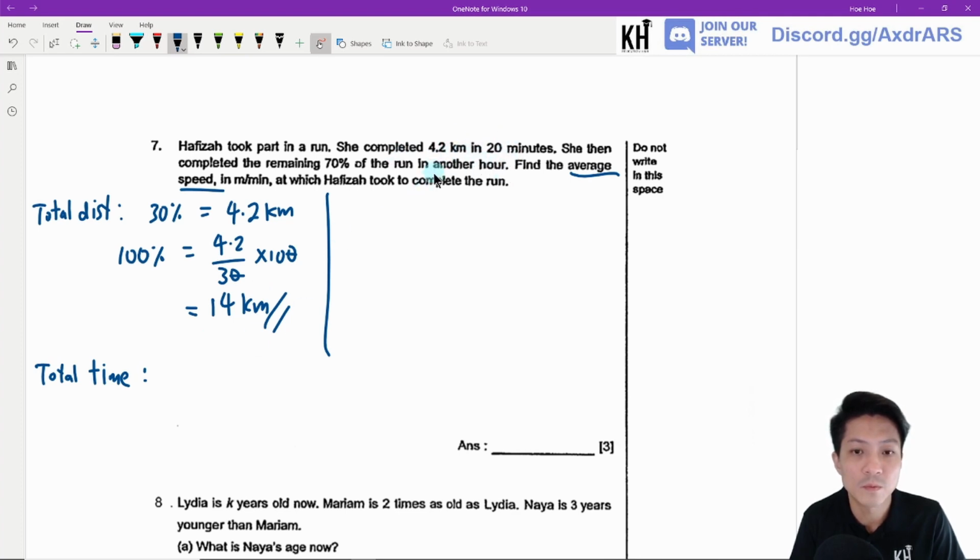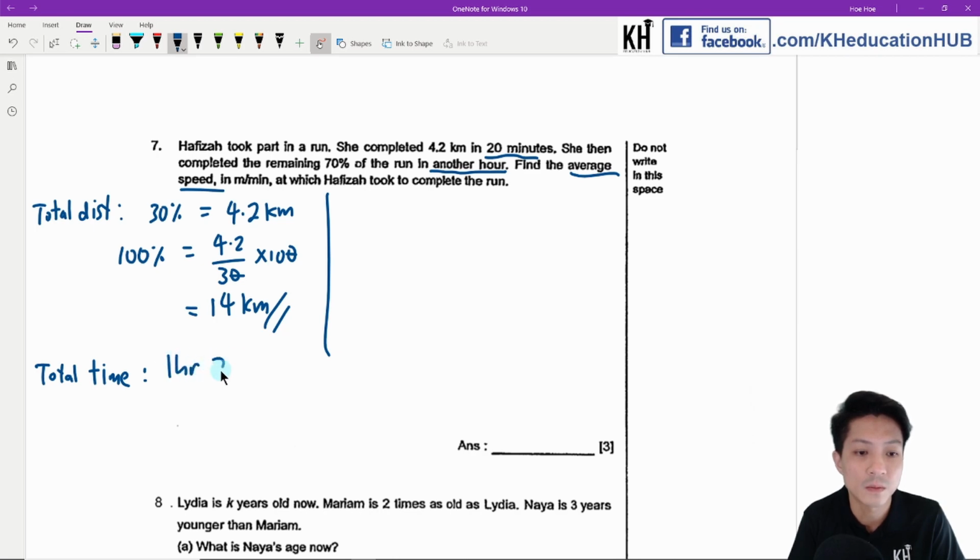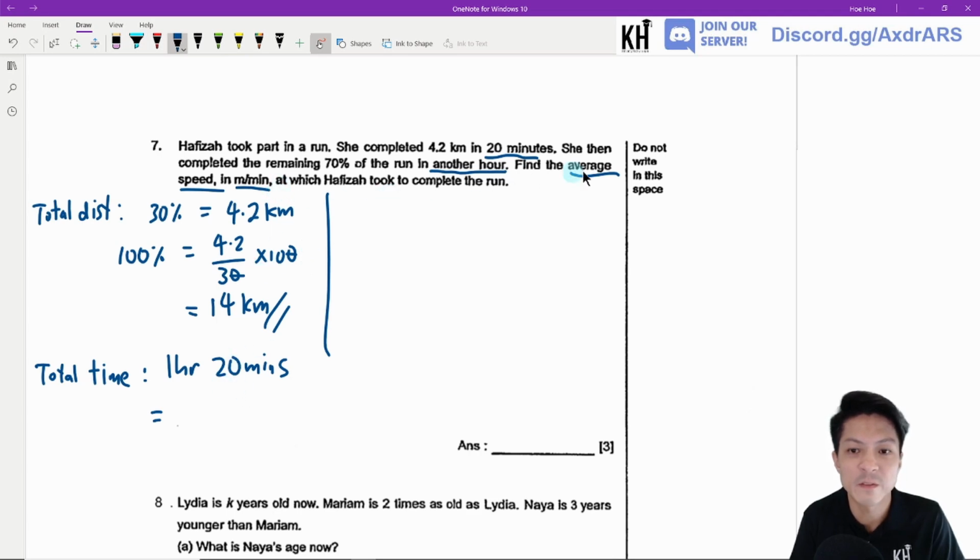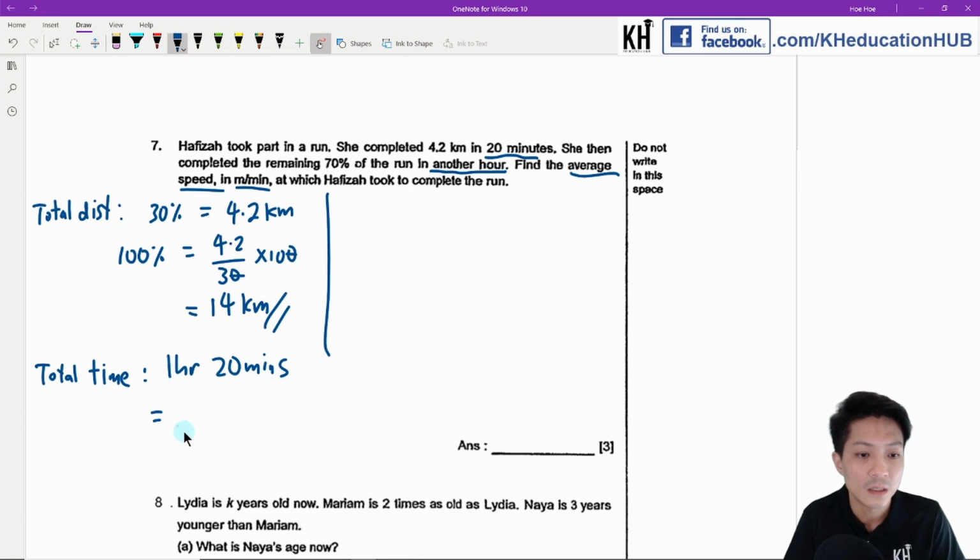Okay, total time would be 1 hour and 20 minutes. Okay, I need to convert it to minutes because the eventual answer they want it in meters per minute. Okay, that will be 80 minutes.